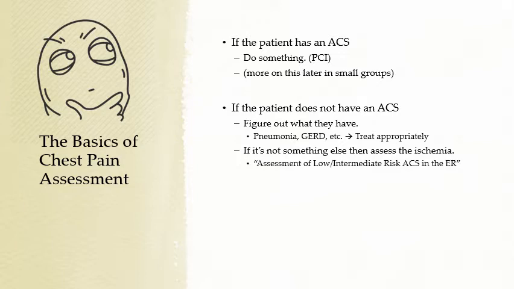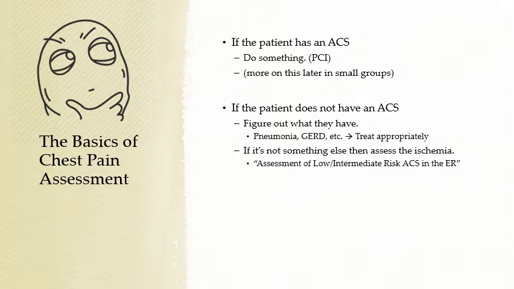But it's this third scenario that's tricky, and which is what's going to happen a lot with patients, right? Imagine this. Patients that come into the ER don't generally have an MI with chest pain. And they don't generally have something else either.